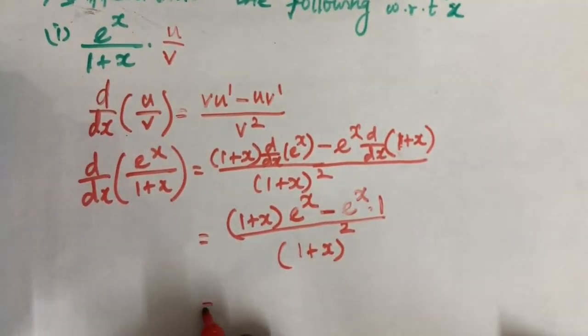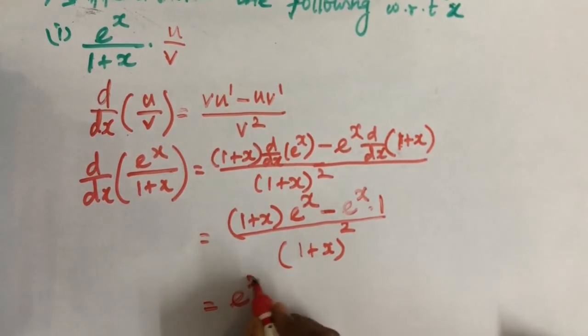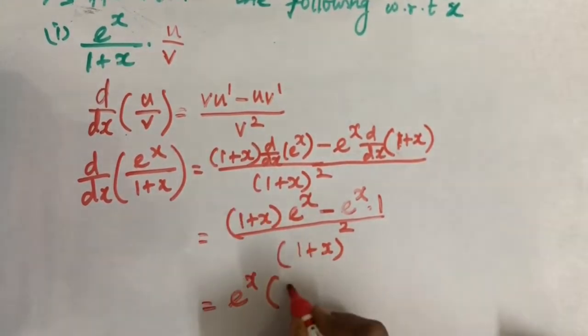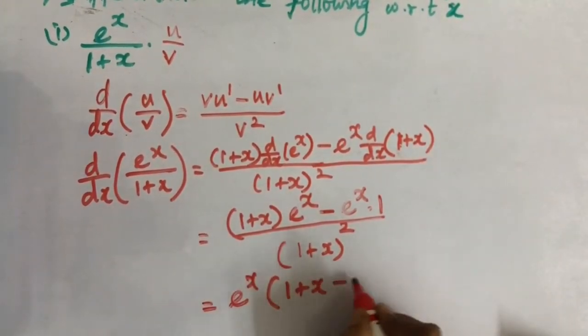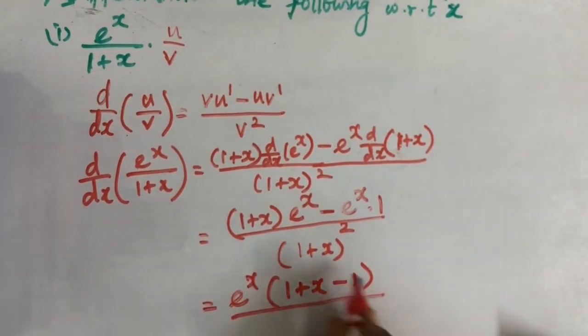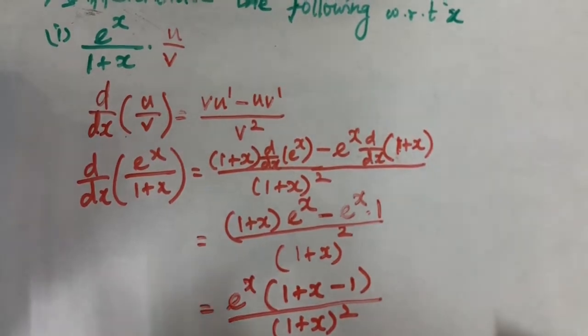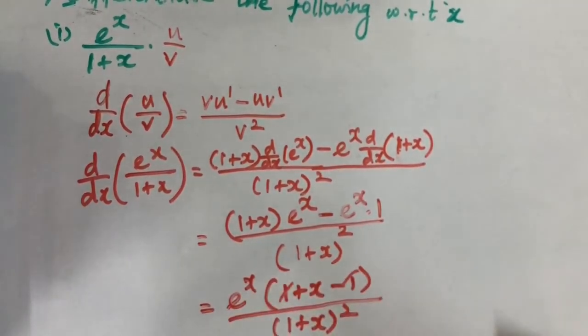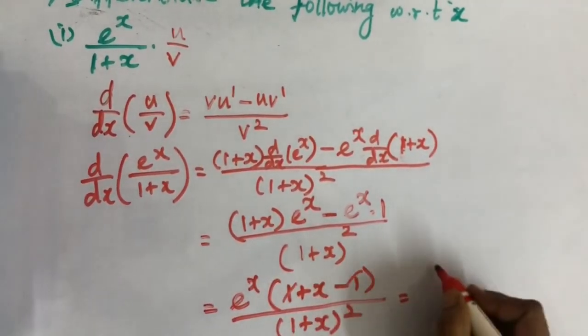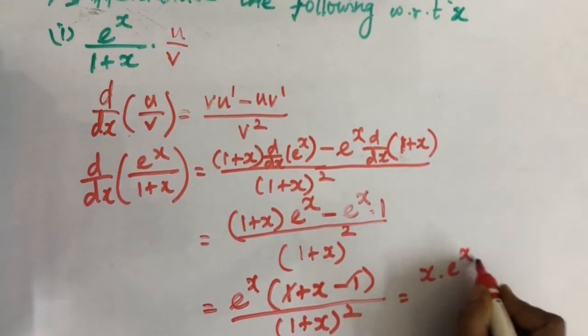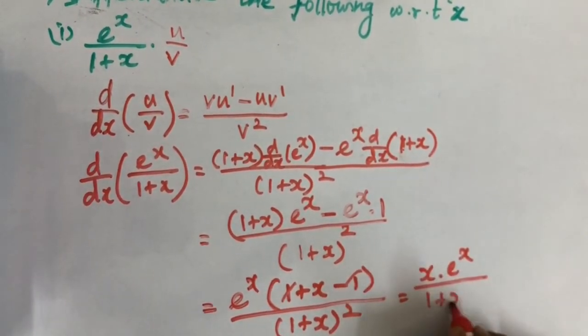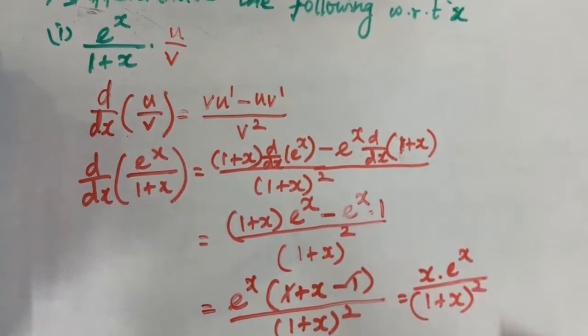So, we can take e power x as common: e power x into 1 plus x minus 1, divided by 1 plus x the whole square. So, 1 and minus 1 will get cancelled. That is equal to x into e power x divided by 1 plus x the whole square.